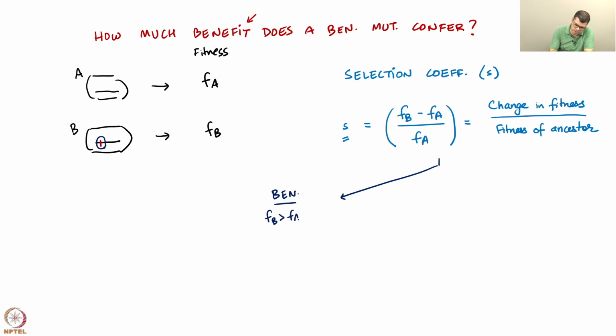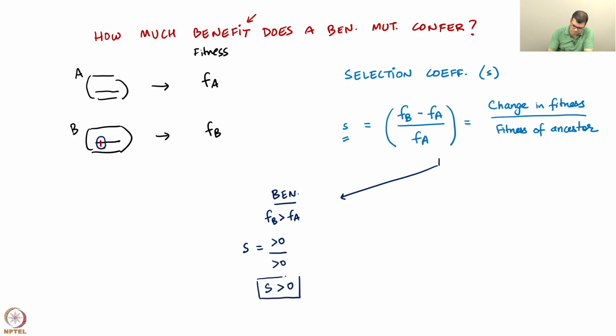If Fb is bigger than Fa, that means the numerator is greater than 0, denominator is fitness which is also greater than 0. So, s in that case is greater than 0.